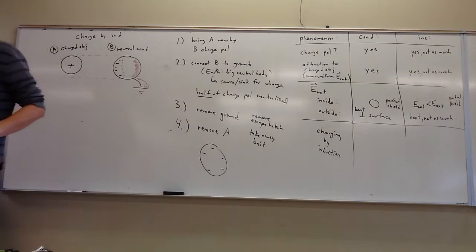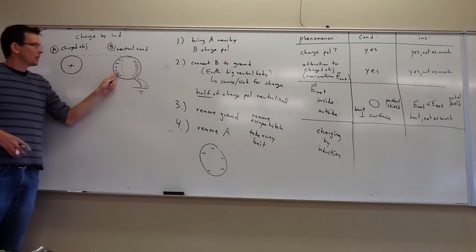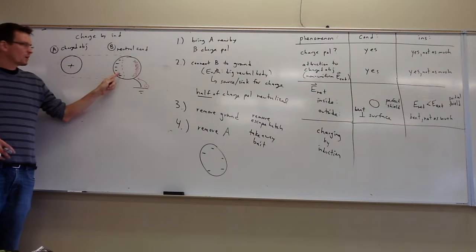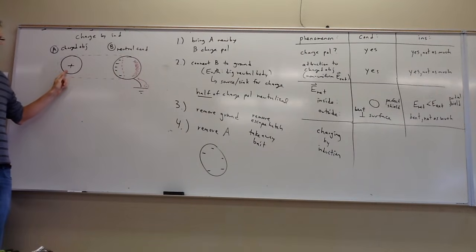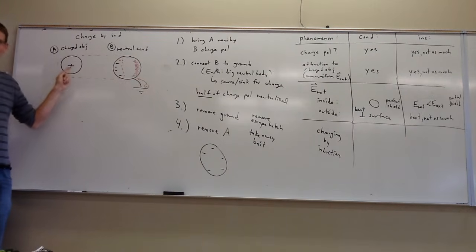Question? So if you were to bring a negative object for A, you would wind up with a positive B? That's exactly right. So the charge that you get in charging by induction will always be the half of the charge polarization that's attracted to the charged object, right? So you neutralize the back half while this half that's attracted here is kept around.